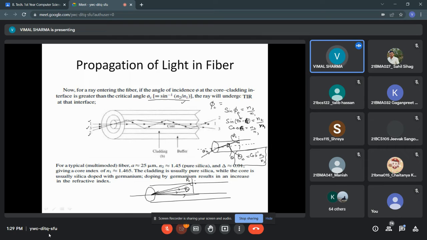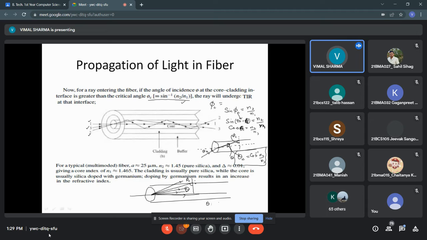Now any ray making an angle bigger than this with the axis of the optical fiber will leak out of the optical fiber and will not propagate through it. So I can decide the range of theta values for the rays which propagate through the optical fiber.